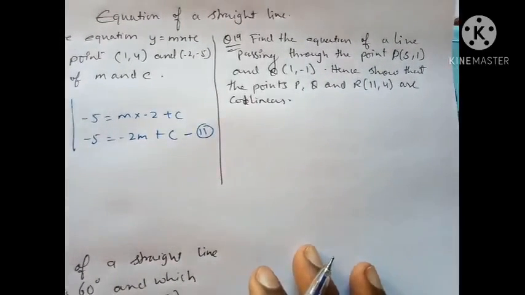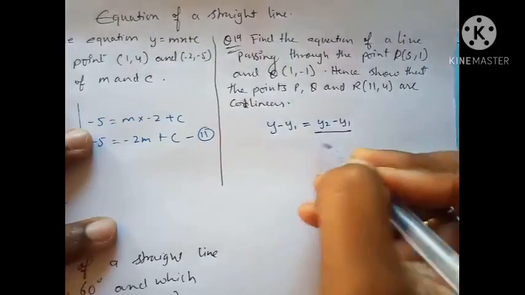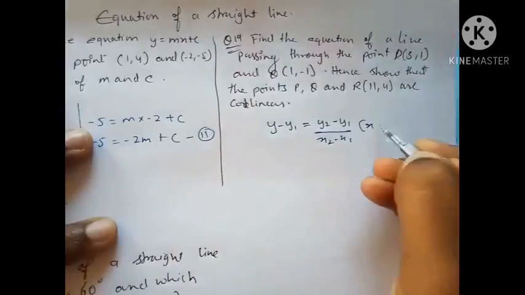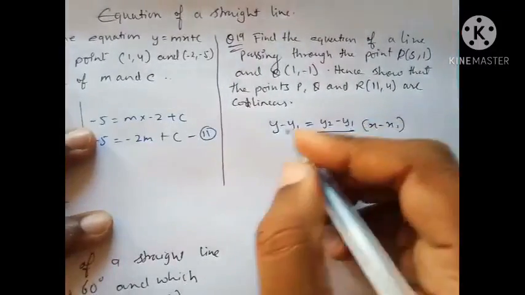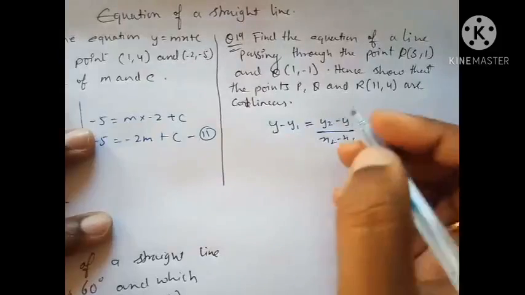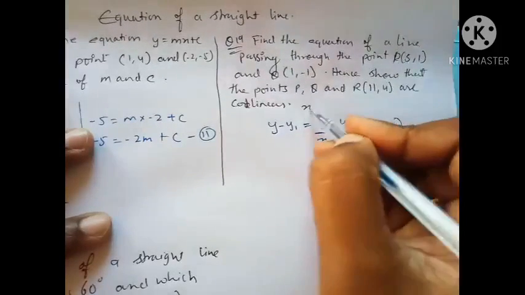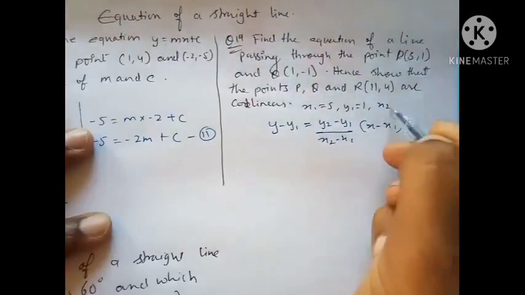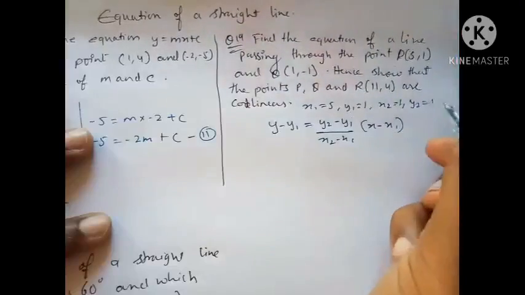The formula goes like this: y minus y1 equals y2 minus y1 upon x2 minus x1, times x minus x1. Before putting in the values, x1 equals 5, y1 equals 1, x2 equals 1, and y2 equals minus 1.